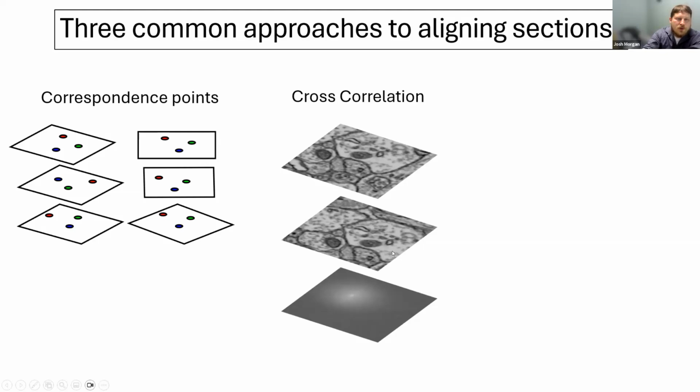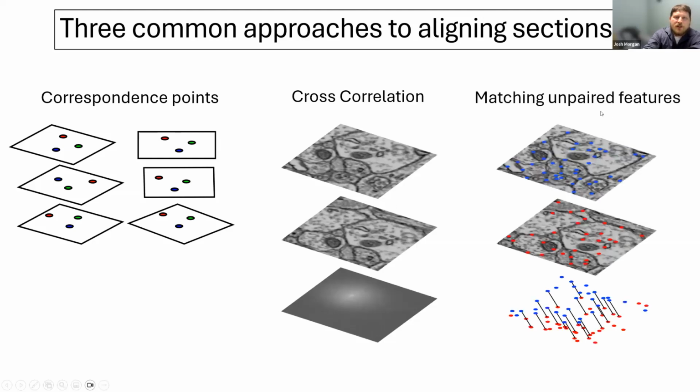And so the approach that's probably more robust and definitely our starting point is to use features within the section. So this is matching unpaired features. These features can be mitochondria or membranes or just little contrasty dots. But if you find a bunch of those in section 1, a bunch of those in section 2, there's some ways to solve for matching up these two groups.